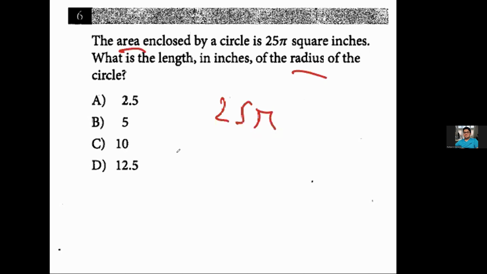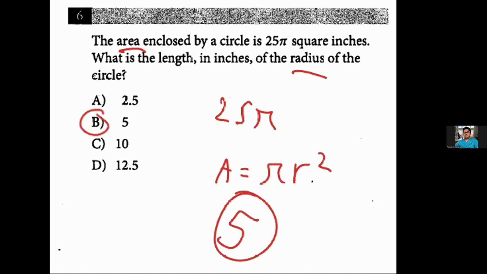So area is equal to pi r squared. And it asks what is the length of the radius. So pi r squared equals 25 pi. So that just means that the radius is the square root of 25, which would just be 5. So the correct answer is B.